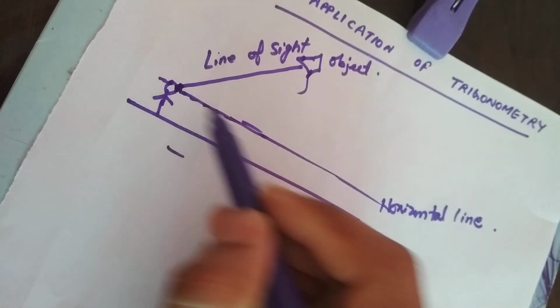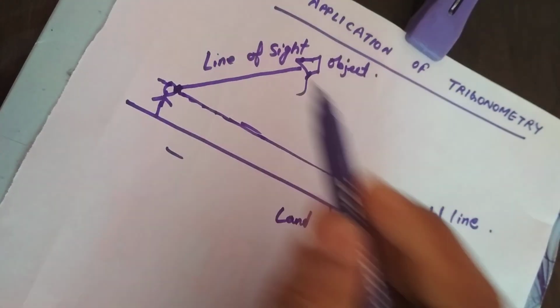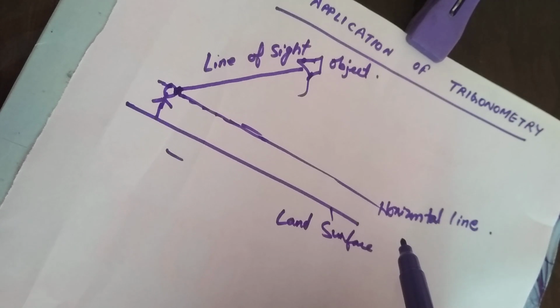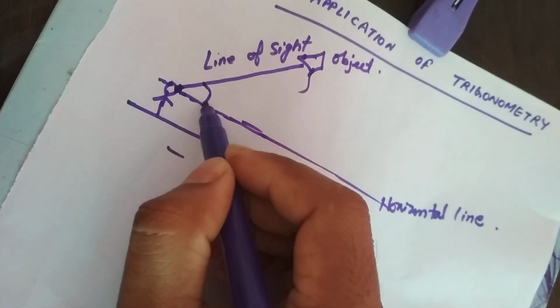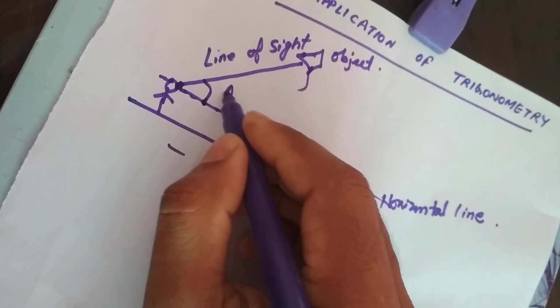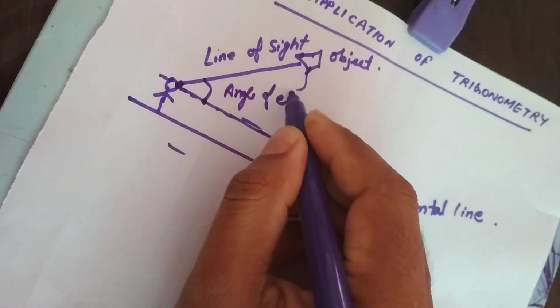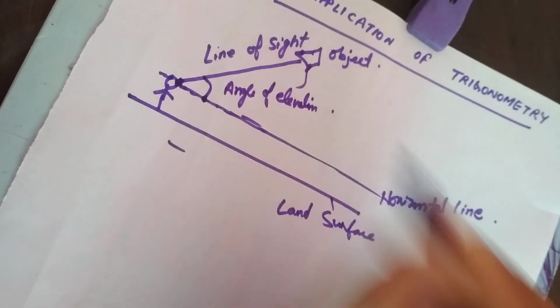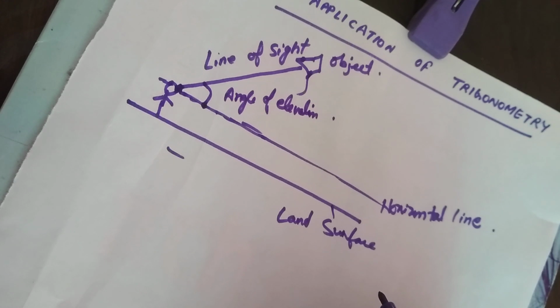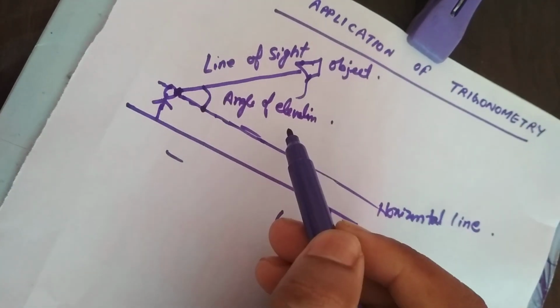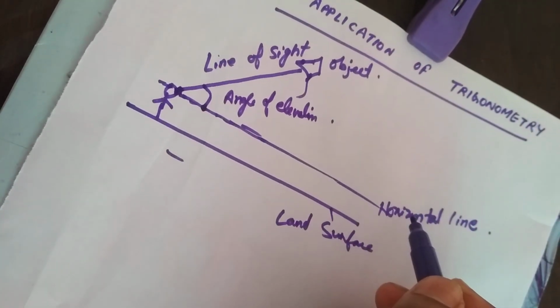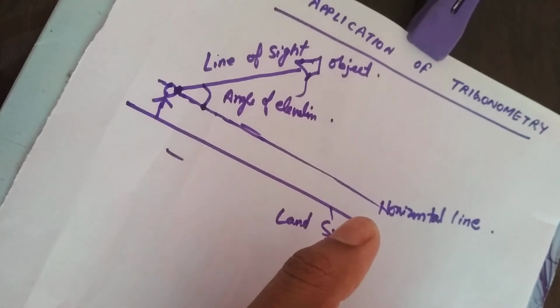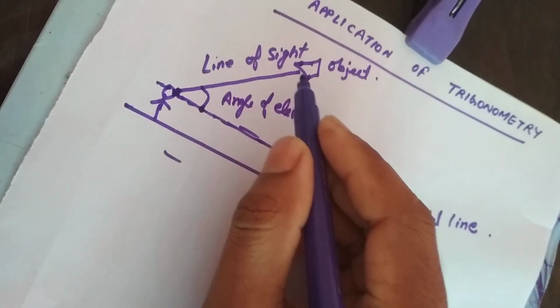Now here I could see one angle. It is created along with the horizontal line and the line of sight. This particular angle is called angle of elevation. Line of sight, angle of elevation, horizontal line. This is the concept. Now I said I need to find the height.